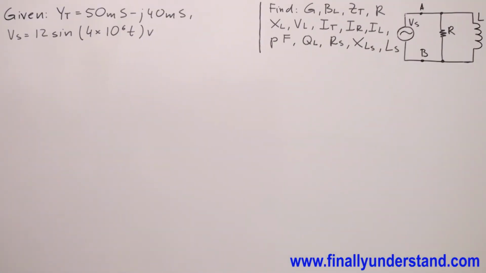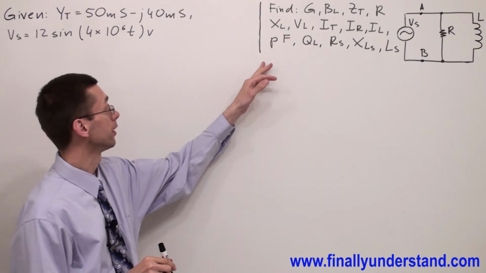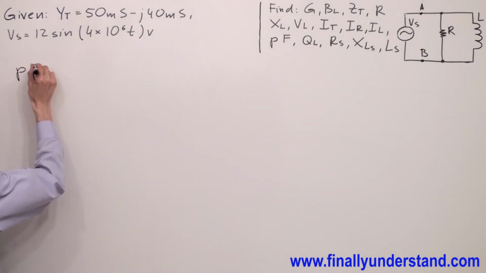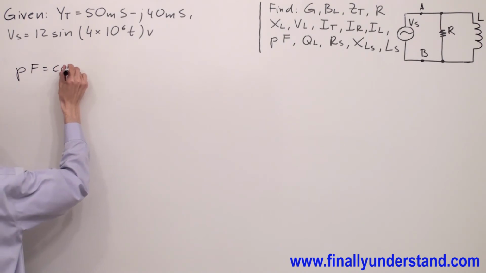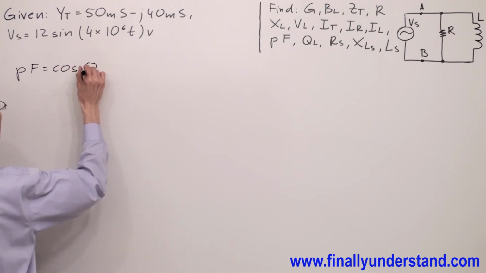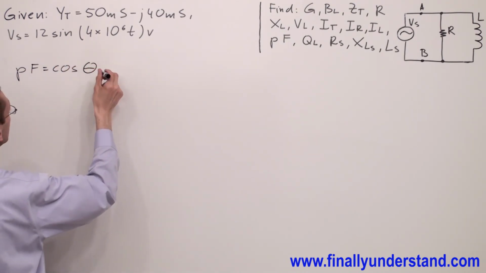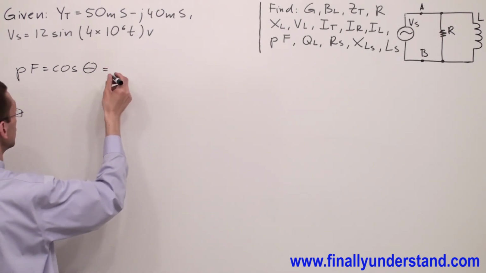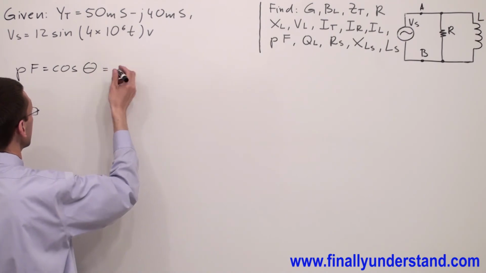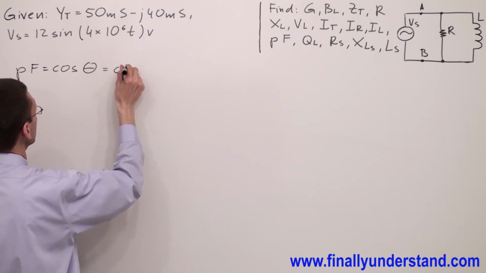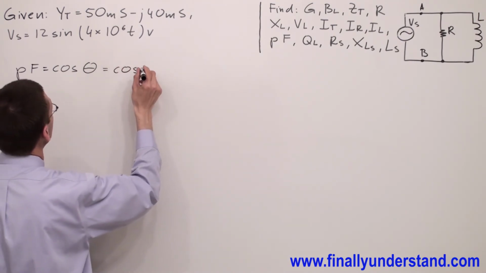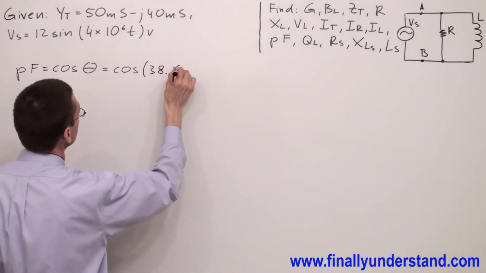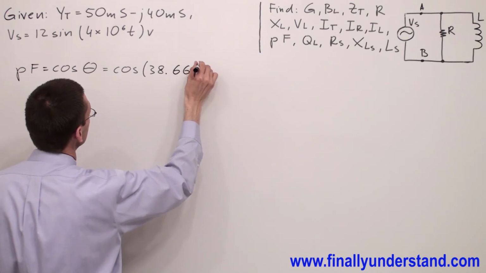Now we can find power factor. Okay, so the formula says power factor is equal to cosine of the angle theta, which is next to Z total or Y total. Because we found Z total, I'm going to use Z total angle. So I have cosine of angle 38.66 degrees.